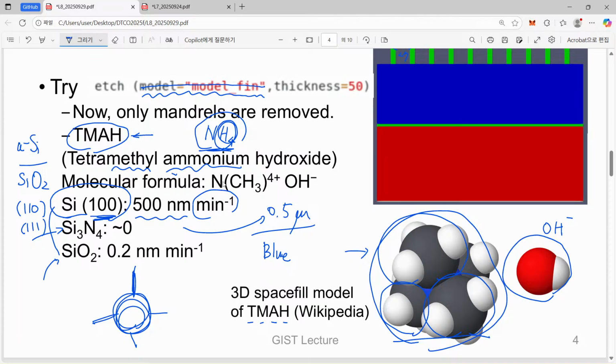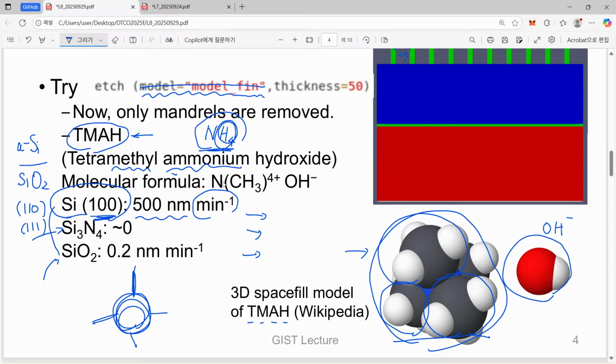Point is, etch rates show completely different orders between these three materials. Silicon nitride is perfectly safe, and even silicon dioxide is not affected by this chemical etchant.